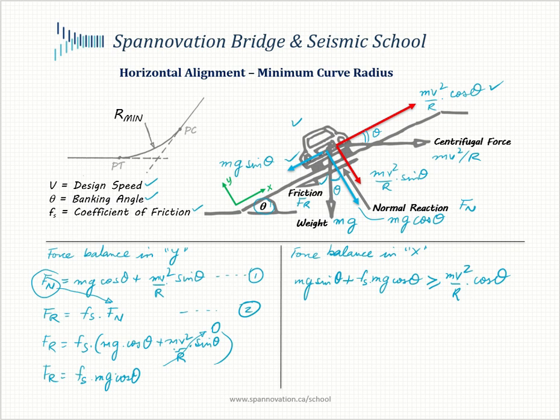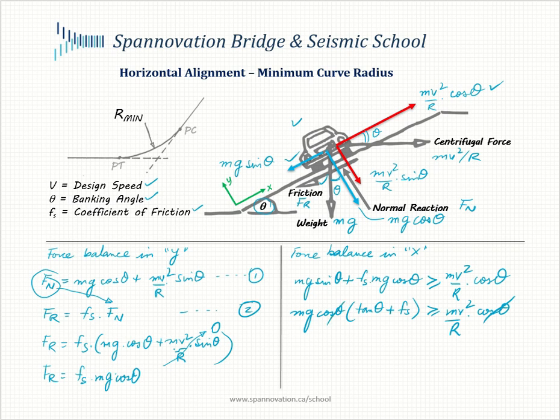On the left hand side, I'm just going to take mg cosine theta out common, and what's left inside is tan theta plus coefficient of friction. This should be greater than or equal to mv square over r cosine theta.